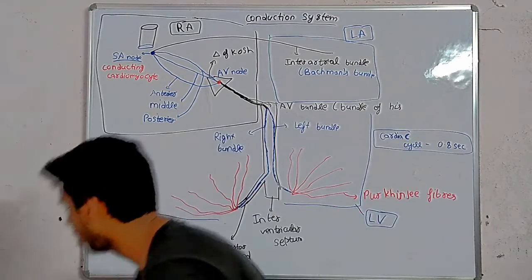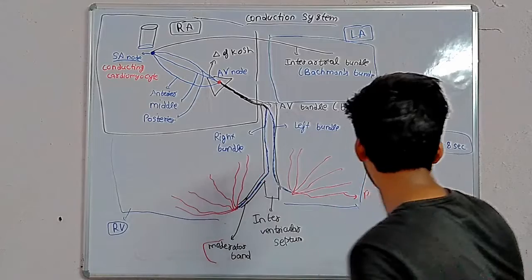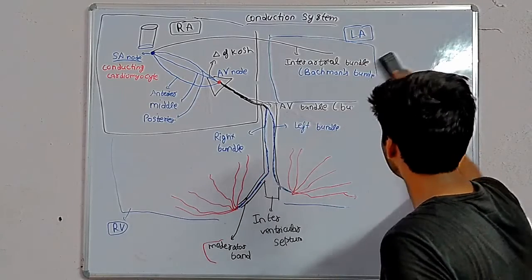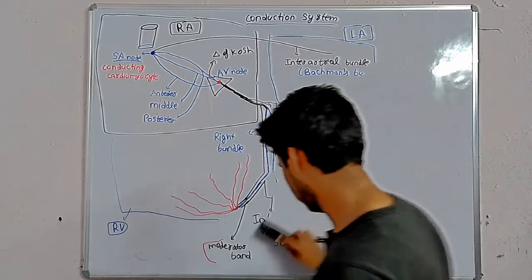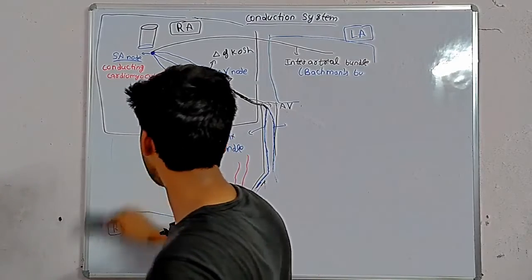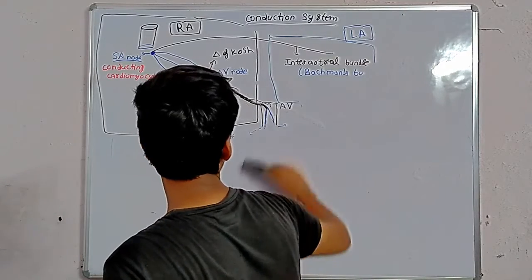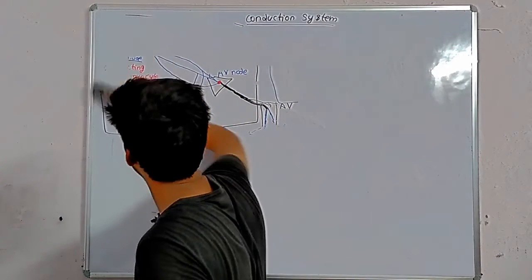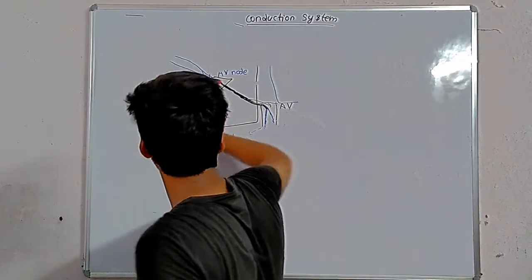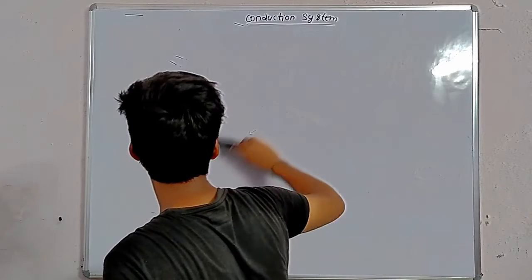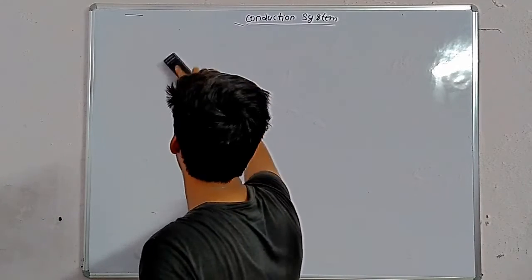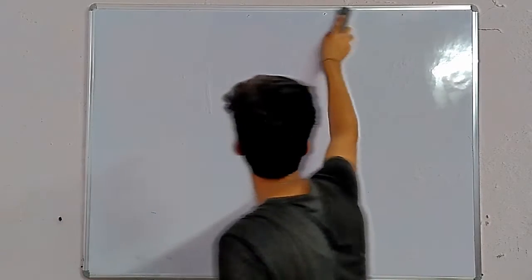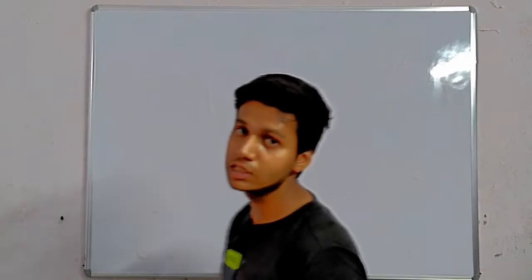So now we come to the surface marking of the heart. Some heart sounds, valve heart sounds, important markings of the heart. We know the heart is present in the middle mediastinum, and some vessels and valves are attached to it. All these valves, when they close, produce some sounds.